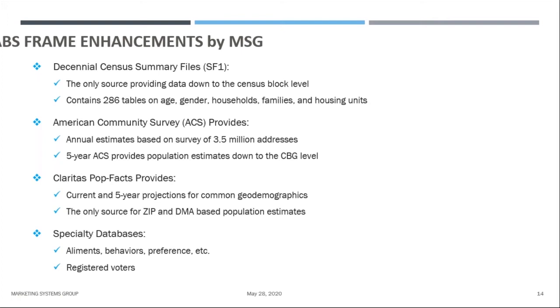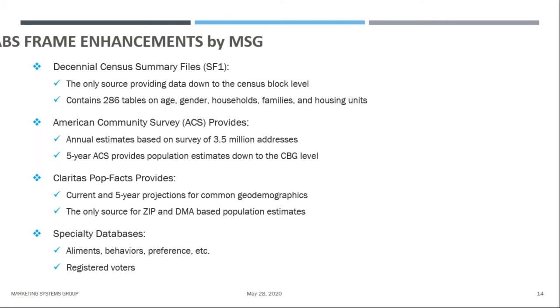It has a myriad of tables that include geodemographic information that will be appended to the delivery sequence file. Another census source is the American Community Survey, an annual survey covering over 3.5 million addresses. The 5-year aggregate of ACS provides information at the census block level.